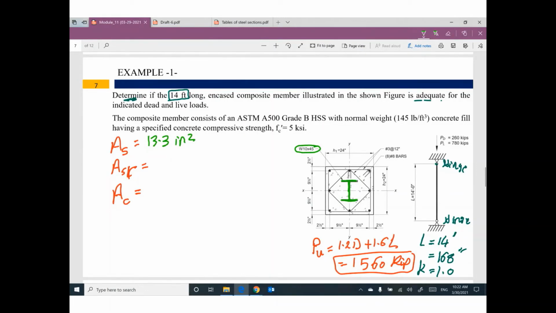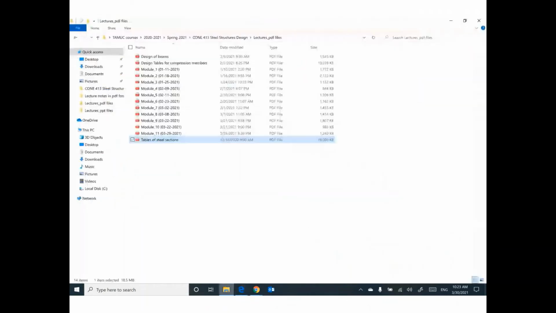What is the value of area steel reinforcement? The steel reinforcement is number 8 bars: 1, 2, 3, 4, 5, 6, 7, 8. So we have 8 bars, number 8. Anybody remember what the area of a number 8 bar is?